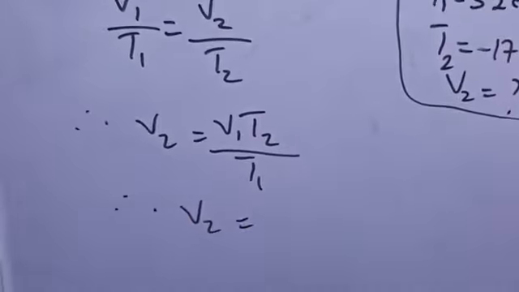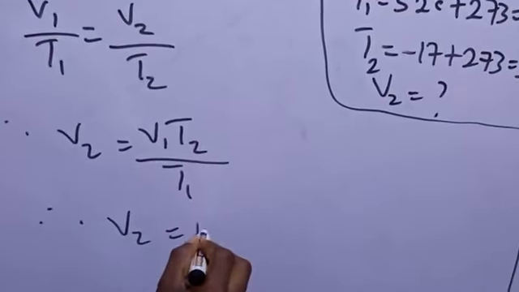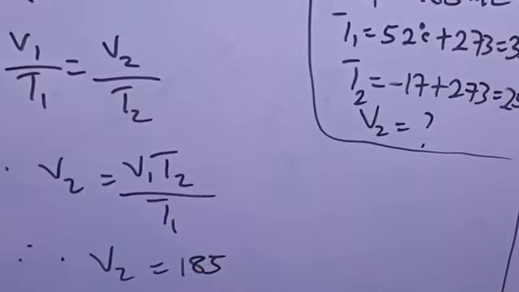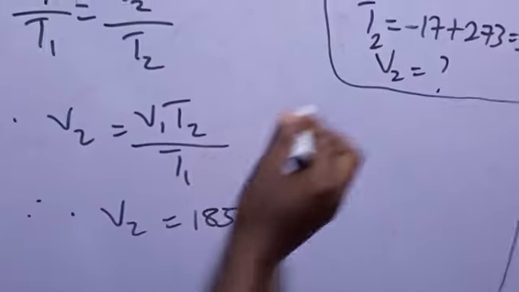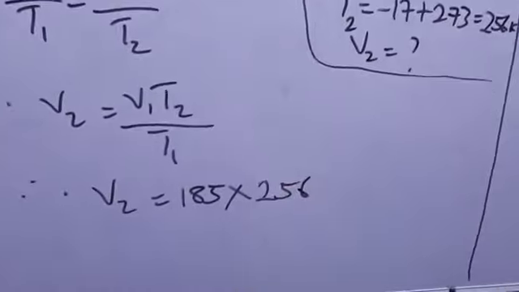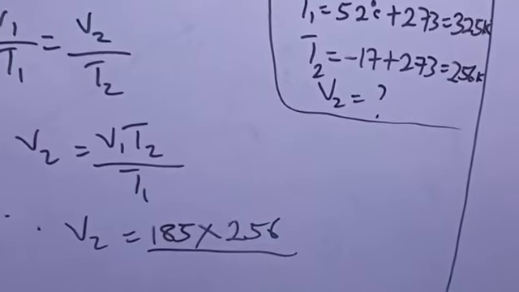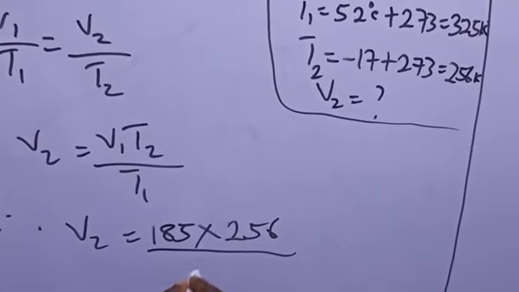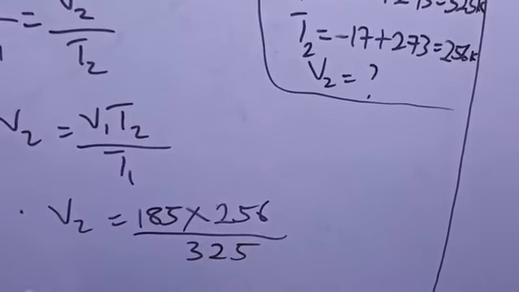Therefore, V2 equals, substituting values, the value of V1, which is 185, multiplied by the value of T2, which is 256, and divided by the value of T1, the first temperature, which is 325.